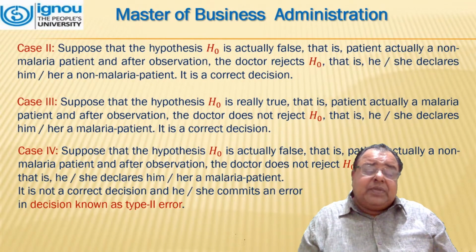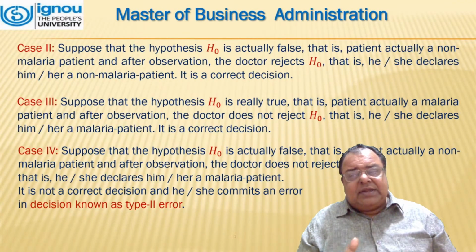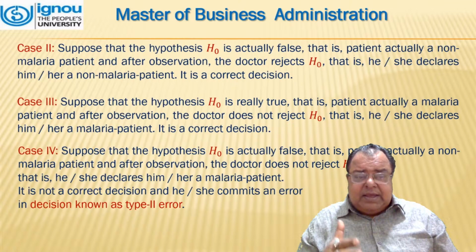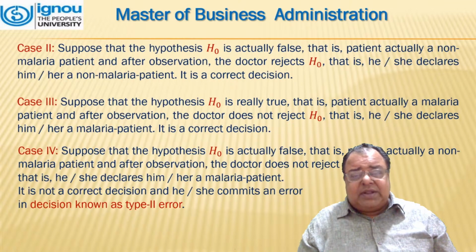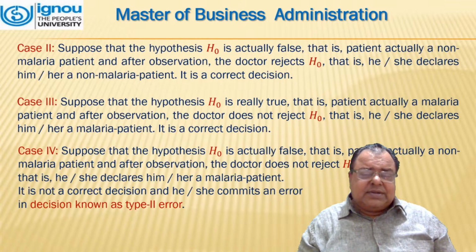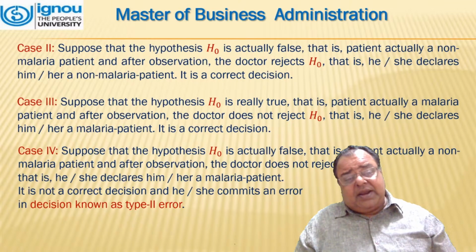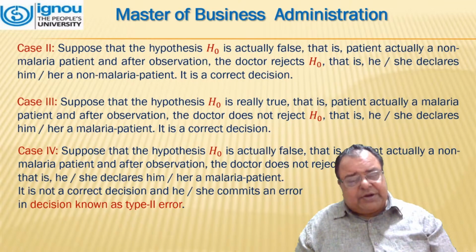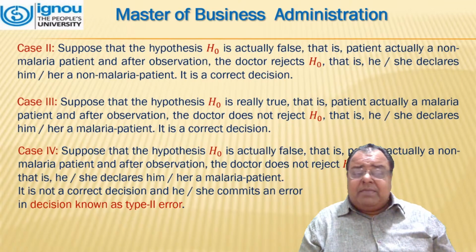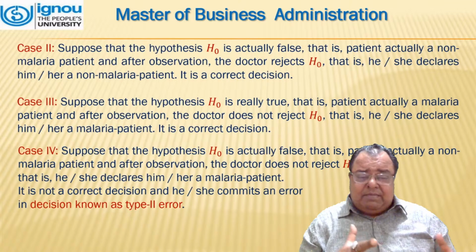Case 2 states that suppose the hypothesis H0 is actually false, that is, the patient is actually a non-malaria patient, and after observation, the doctor rejects H0, that is, declares the patient a non-malaria patient. That is a correct decision. Case 3: suppose the hypothesis H0 is really true, that is, the patient is actually a malaria patient, and after observation, the doctor does not reject H0, that is, declares the patient a malaria patient.